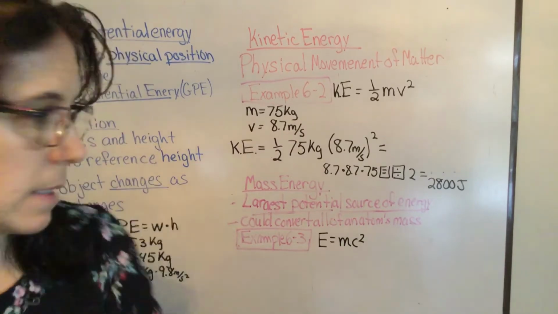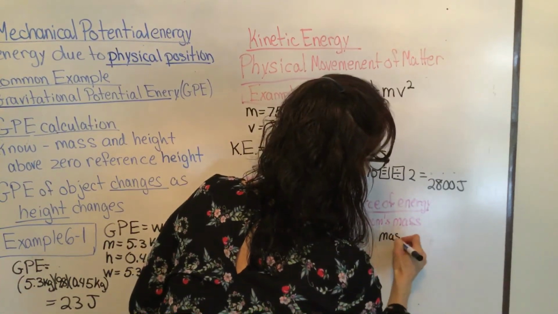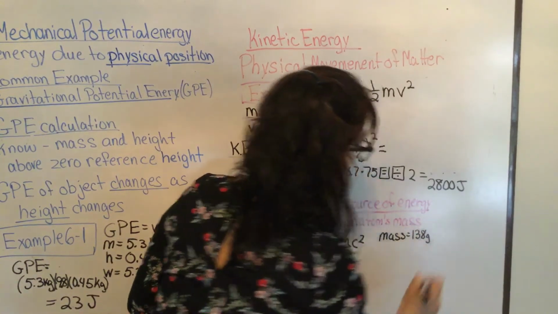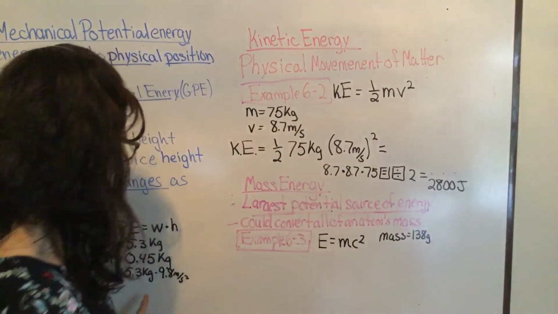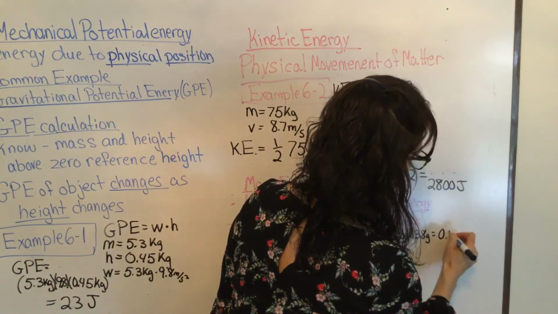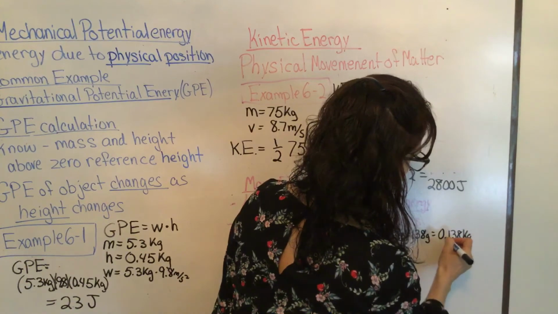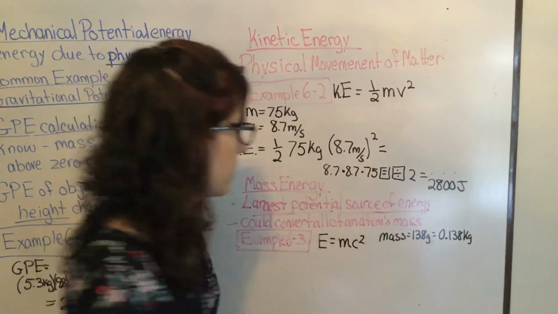Mass equals 138 grams. Notice how we're using kilograms in each of these formulas. We need to make the mass kilograms. So 0.138 kilograms. We're going to move the decimal to the left so that it's now kilograms.